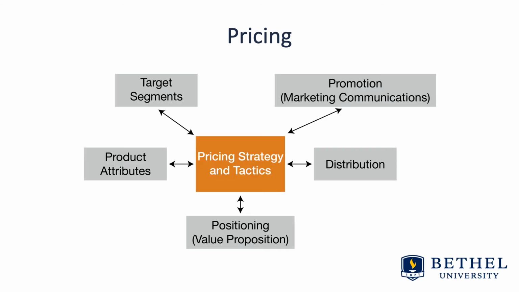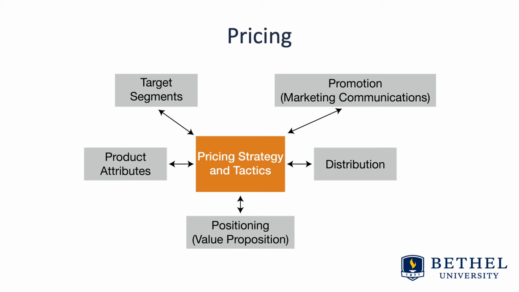Looking at this slide with pricing strategy and tactics in the center and gray boxes all around it, what does it mean? I'll give you a minute to read it and figure it out. It is basically telling you that all these items in the gray boxes have input into the product pricing and strategy and tactics, and the pricing and strategy and tactics have input into each of the gray boxes.